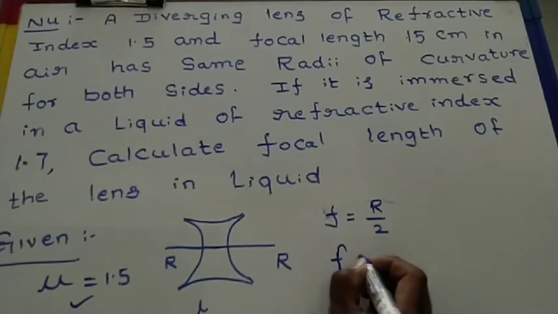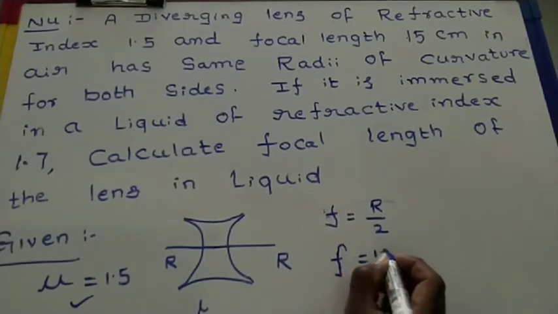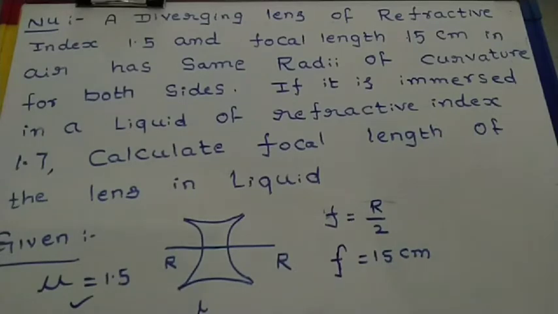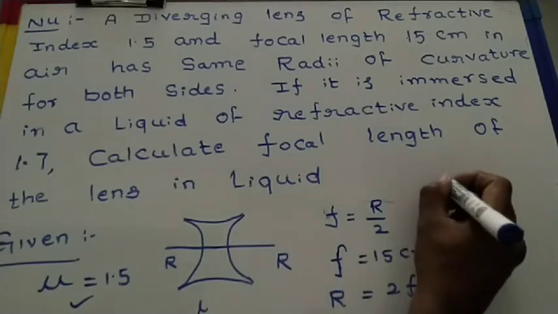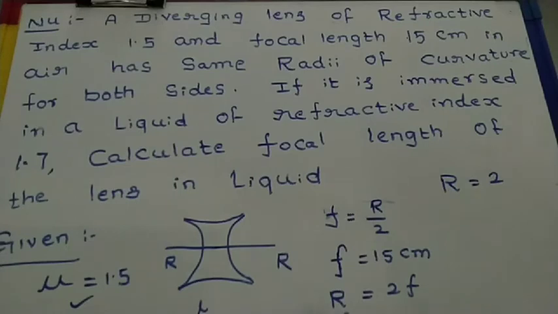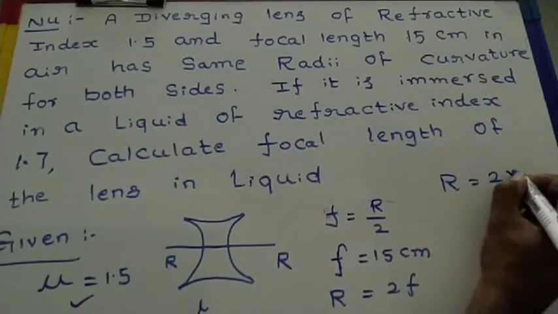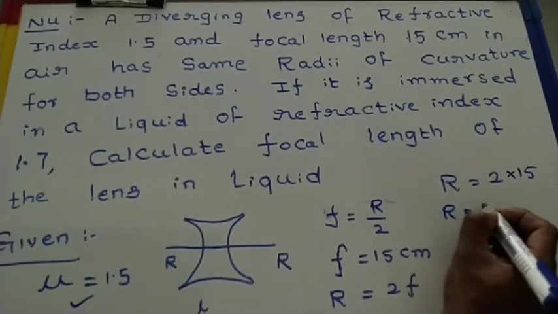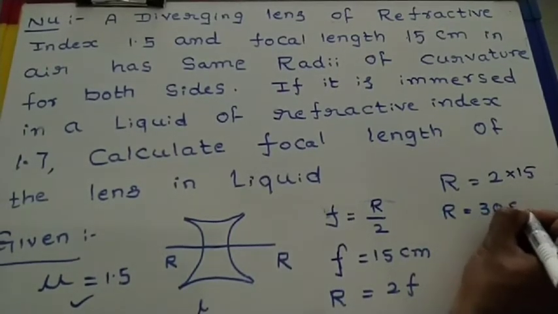Given by the examiner, 15 centimeters. That means what is R? R is equal to 2 into f, which is 2 into 15. Therefore, R is equal to 30 centimeters.